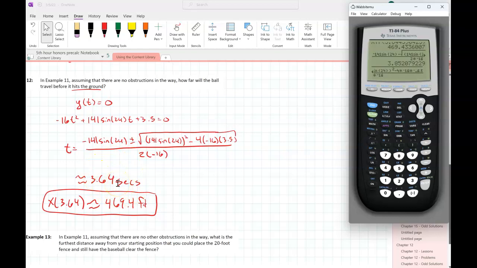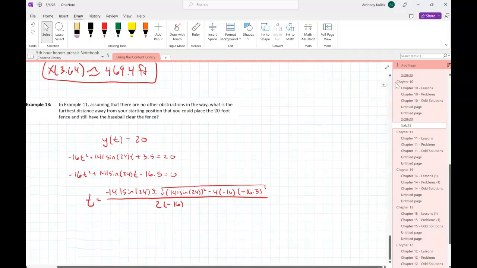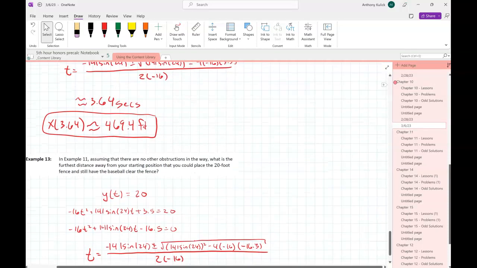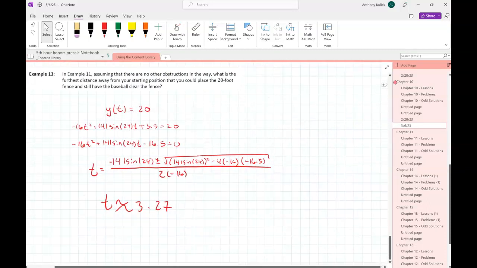That certainly couldn't be the case. And I forgot to put the negative on my 16. There we go. 327. That seems about right. That's in between the 311 we got when we were just looking at the fence 400 feet away, and the 364 that we saw when there was no fence at all.